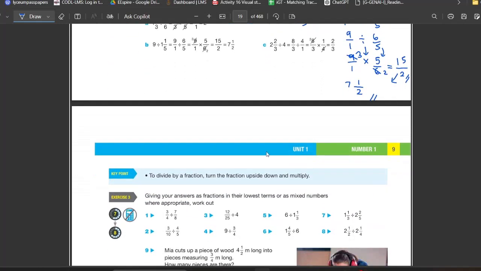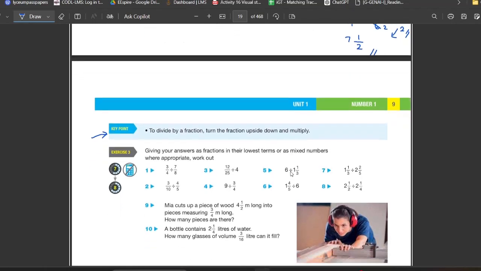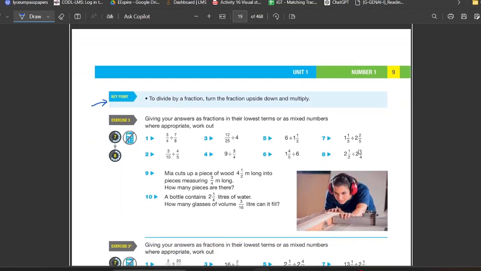This is the point I have told you before. To divide by a fraction, turn the fraction upside down and multiply. That's the step we have done already. So let's do something like this, the eighth one. You have to convert both the numbers into fractions. 2 and 1 over 2 divided by 2 and 1 over 4.